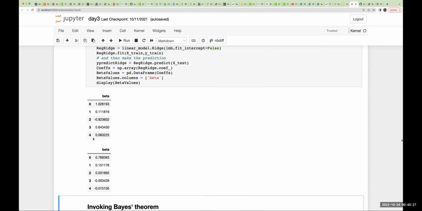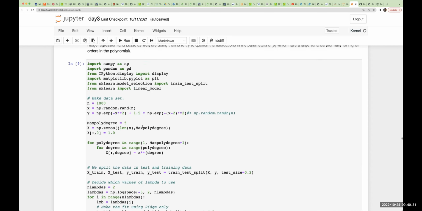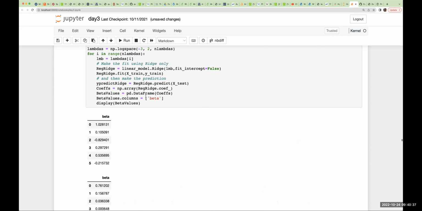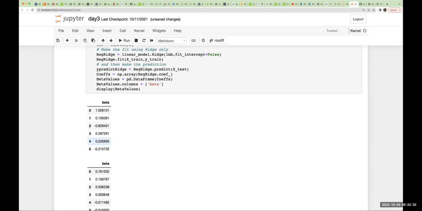You can see that if you look at the fourth order parameter, 0.06. If we now change back to a sixth order polynomial here, we are going to get a parameter which doesn't change dramatically. And also the high order parameters tend to be smaller and smaller.